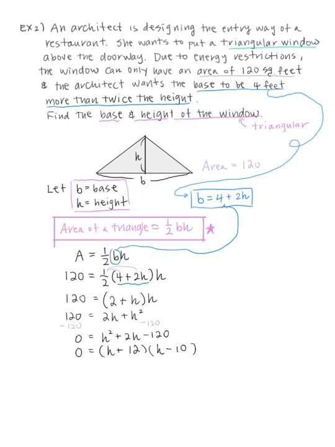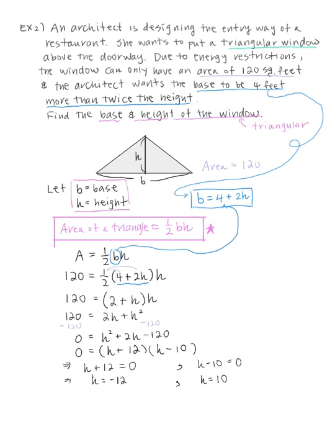Alright, so now that implies that either H plus 12 is 0 or H minus 10 is 0. So then if we keep simplifying this, we're going to have H equals negative 12 or H equals positive 10. Alright, now let's just stop here for a minute.